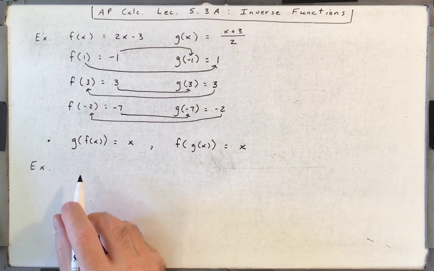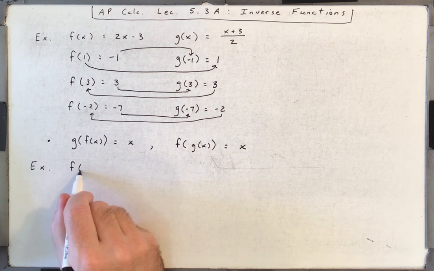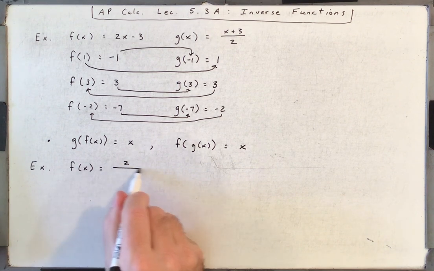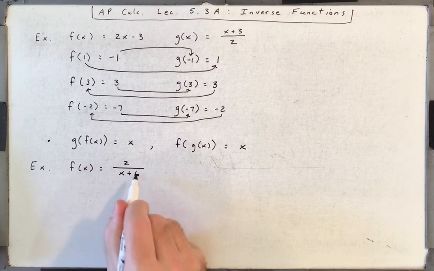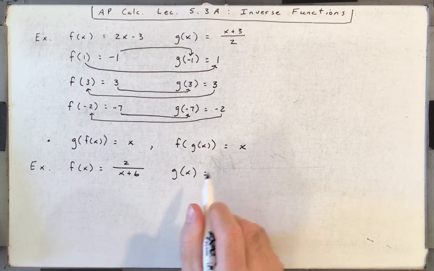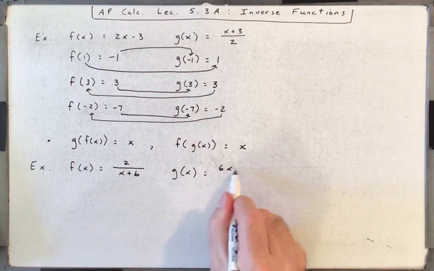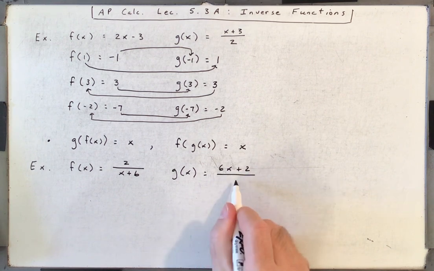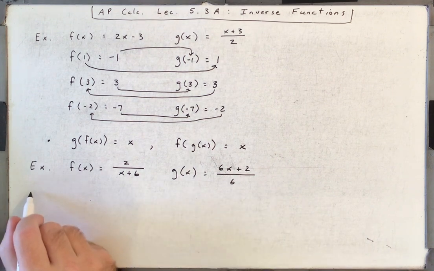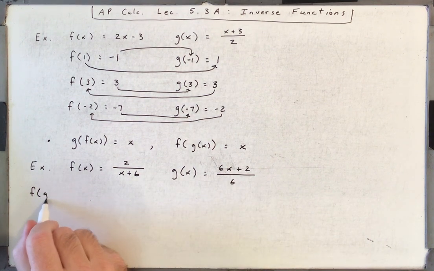So let's answer the question. Are f of x equals 2 over (x plus 6) and g of x equals (6x plus 2) over 6 inverses? So first, let's find f of g of x.